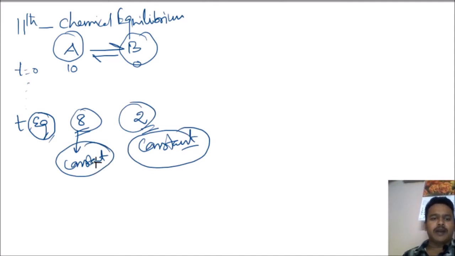How are they maintaining constant values? By doing forward and backward reactions, because their rates are equal. The rate of forward reaction is equal to the rate of backward reaction.